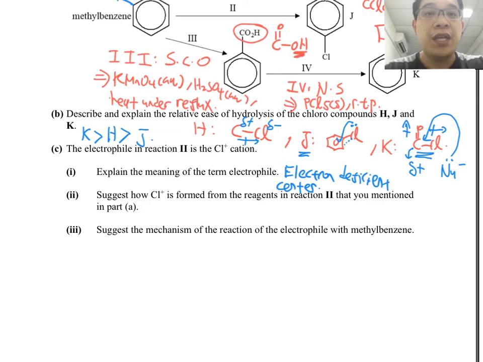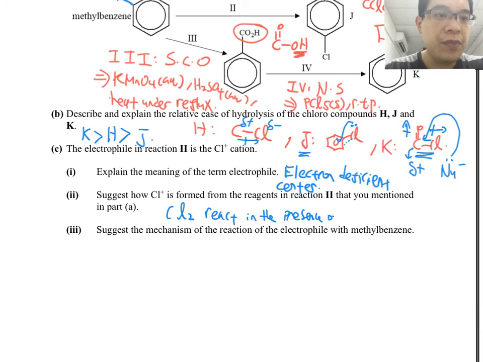Oh, very simple. You can say that your Cl2 will react in the presence of AlCl3 to form an electrophile. And what's the reason behind that?